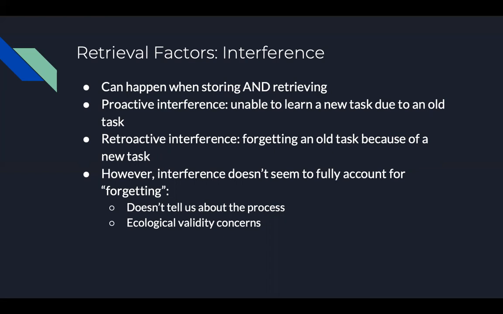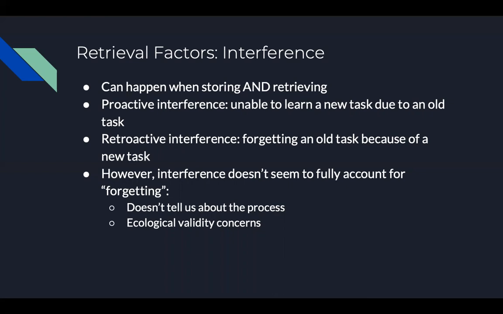Proactive and retroactive interference is thought to be more likely to happen when our memories are similar. For example, maybe confusing old and new telephone numbers or something like that.